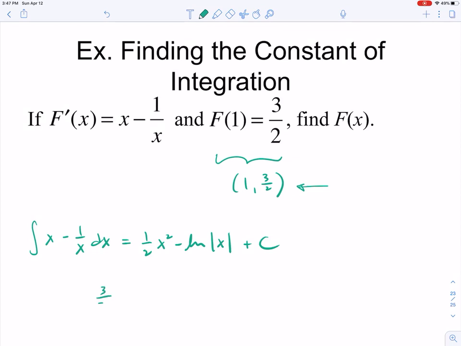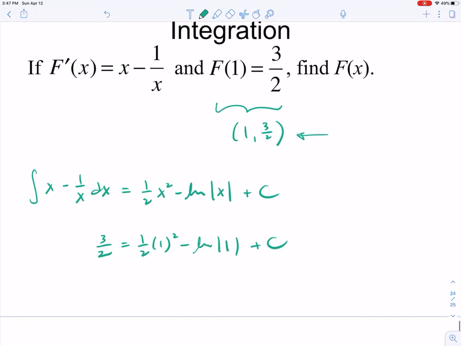So we can actually plug in 3/2 for capital F of x, and then we can plug in 1 for x here, and solve for what c is.